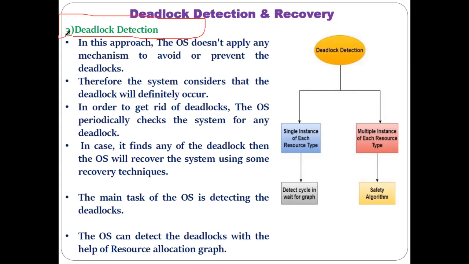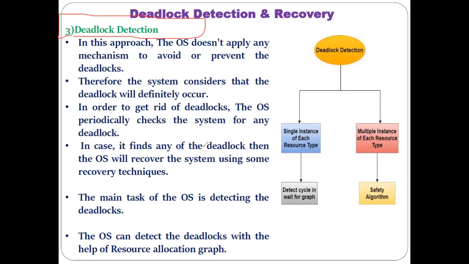But in this approach, the operating system doesn't apply any mechanism or technique to avoid or prevent the deadlock. It simply considers that in the future the deadlock will definitely occur, and then thinks that if the deadlock occurs, the recovery techniques will be applied to recover from it. Understood?